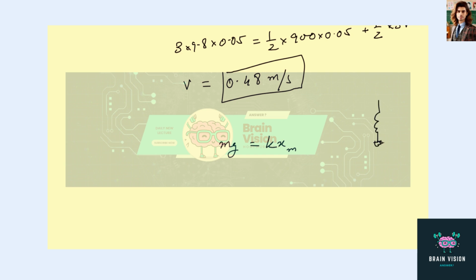So the mass is 3, g is 9.8, k is 900, so xm will be equal to 0.0327 meters, right?